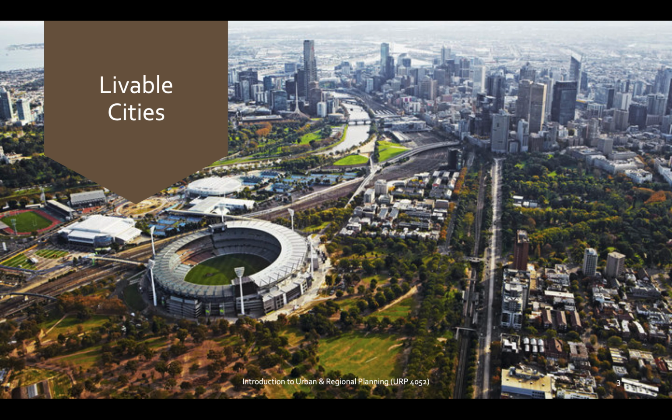Now, if this definition sounds somewhat familiar, it's because sustainability has a similar definition. The photo on this slide is of Melbourne, Australia, which was named the most livable city for the 6th year in a row in August 2016 by the Economist Intelligence Unit. The first U.S. city on the list was Honolulu, Hawaii, which ranked 17.